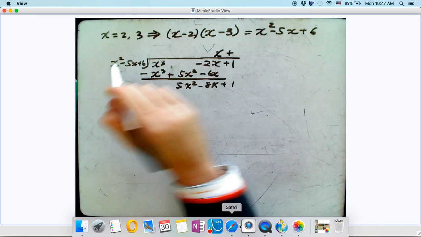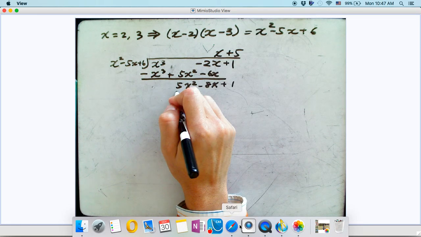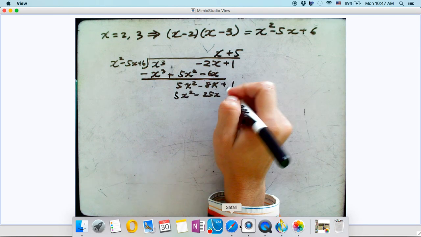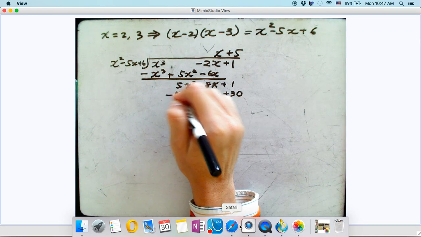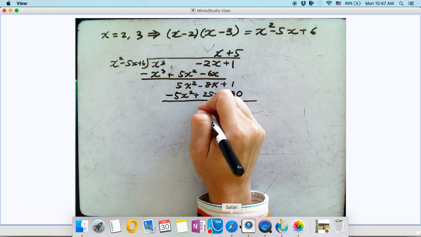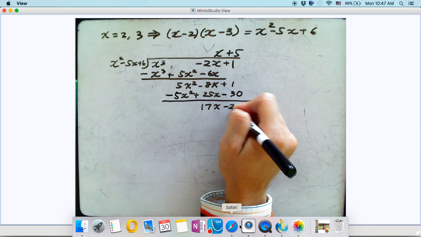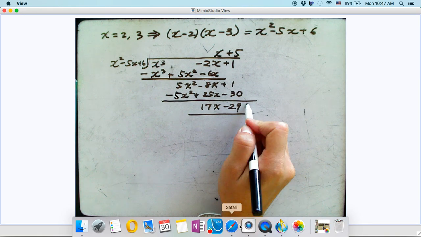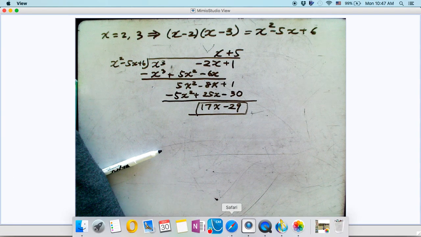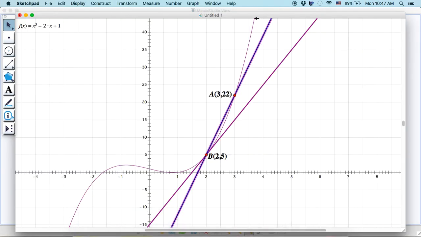So 5 goes here, so that 5x squared minus 25x plus 30. Subtracting, we get 17x minus 29. So this is the equation of the secant line, which is this one.